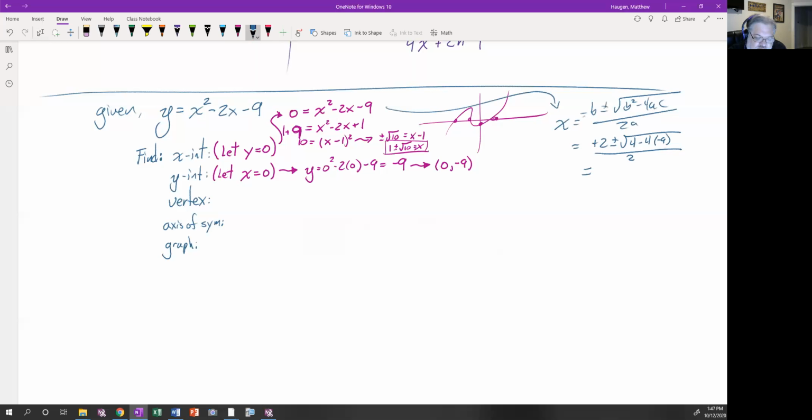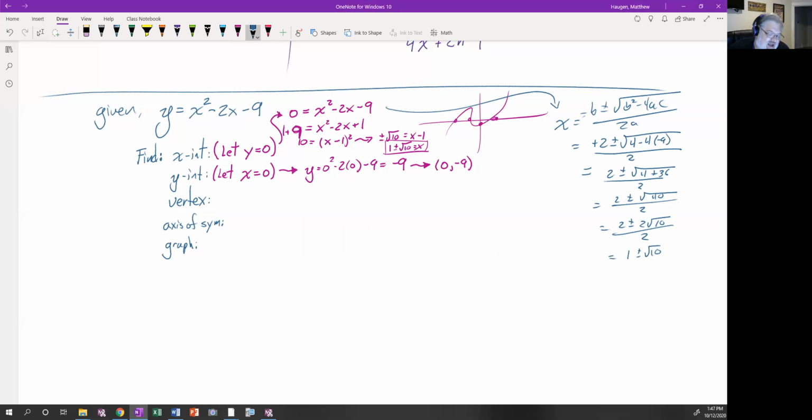The opposite of that. So 2 plus or minus the square root of 4 plus 36 over 2. So 2 plus or minus the square root of 40 over 2. So 2 plus or minus 2 square root of 10 over 2. So 1 plus or minus the square root of 10.